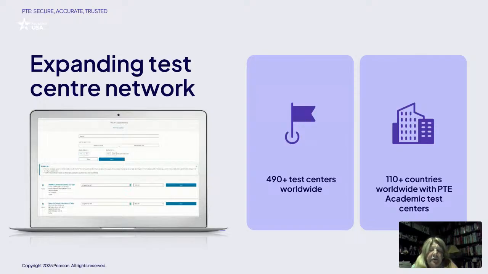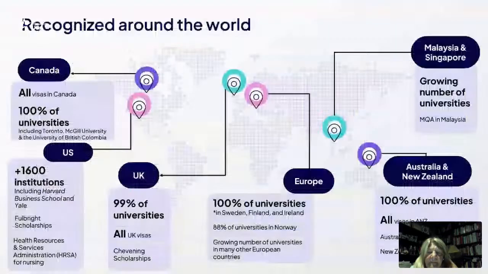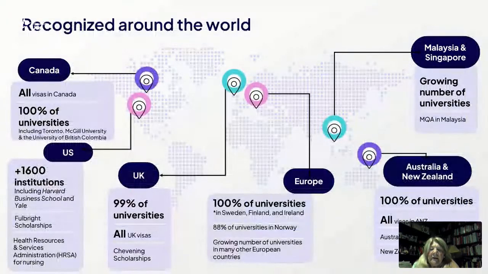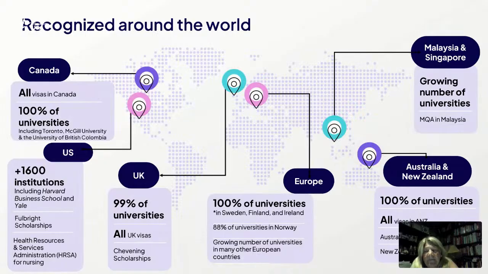The test is taken in almost every country and accepted by schools everywhere. Wherever you decide to go to school, whether it be Canada, the US, or Europe, all these different countries accept the test. Okay, next.